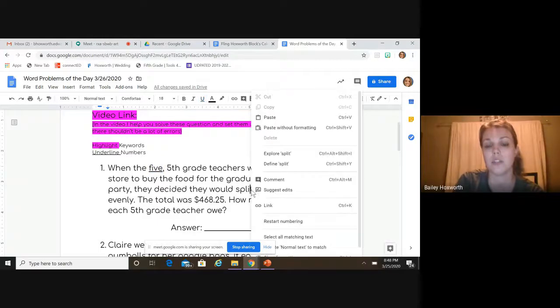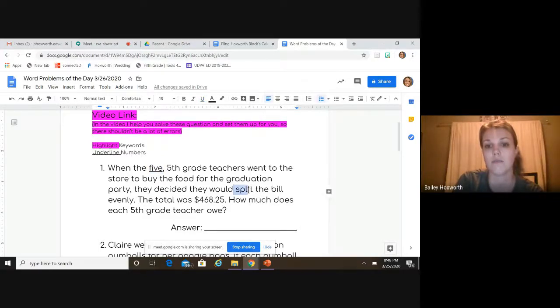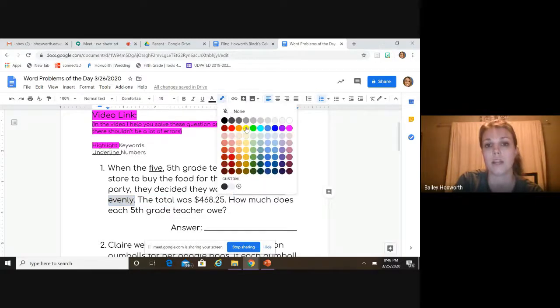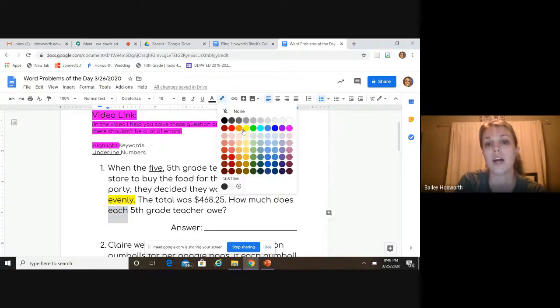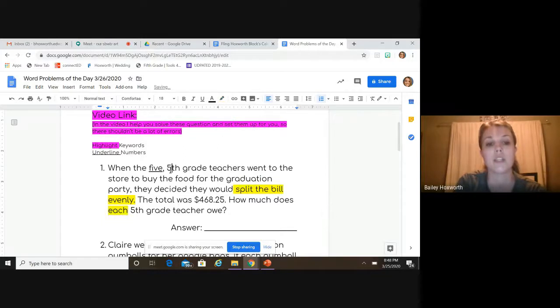So split and evenly are my keywords that I'm highlighting. What is the total? The total was $468.25. How much does each fifth grade teacher owe? So each means I can multiply or divide, but splitting something evenly tells me I'm definitely dividing.